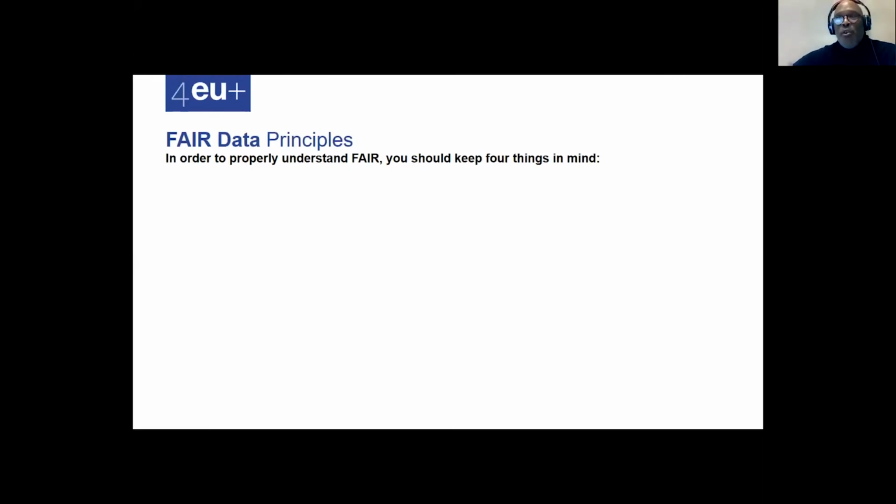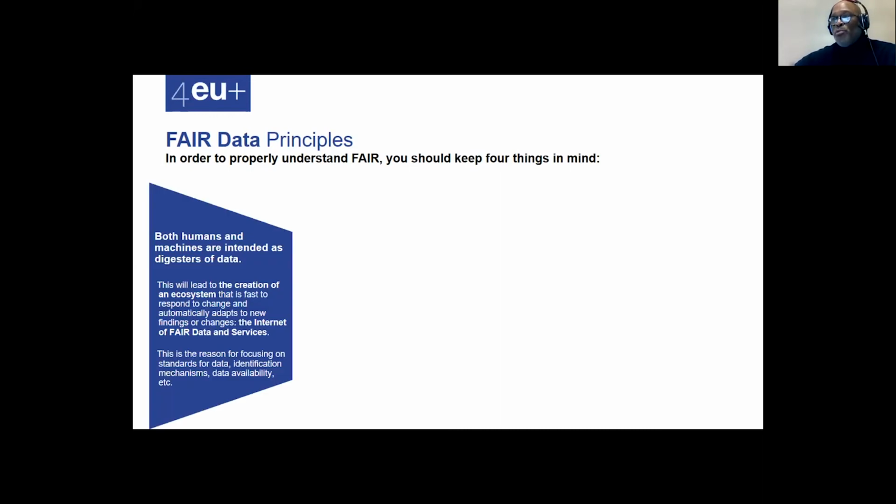There are 4 things to keep in mind to properly understand FAIR data and the FAIR data principles. 1, both humans and machines are intended as digesters of data. What does that mean?